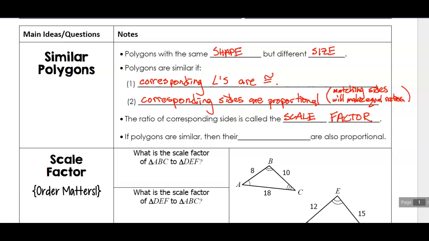Okay, and that's a number that we're going to use to either make a figure bigger or smaller. So again, the shape isn't going to change, but the size is going to change based on this number called the scale factor. All right, if polygons are similar, then their perimeters are also proportional.